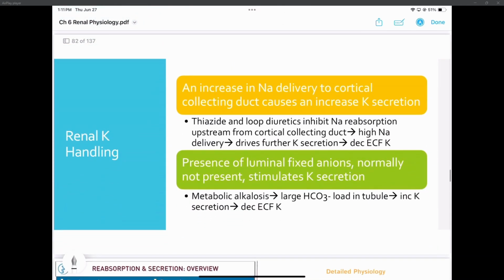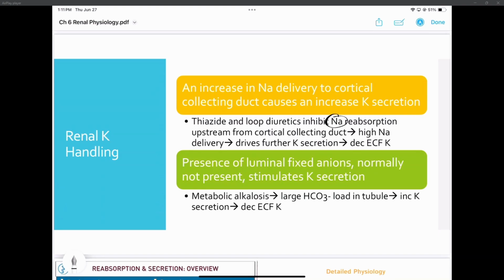Now, when we talked about diuretics, we talked about how when we shut them off, all those ions are going to stay in the urine. Thiazide or loop diuretics inhibit sodium reabsorption. So all that urine is going to be highly concentrated with sodium because we're not going to reabsorb it. The sodium stays in the tubular fluid and starts building up.